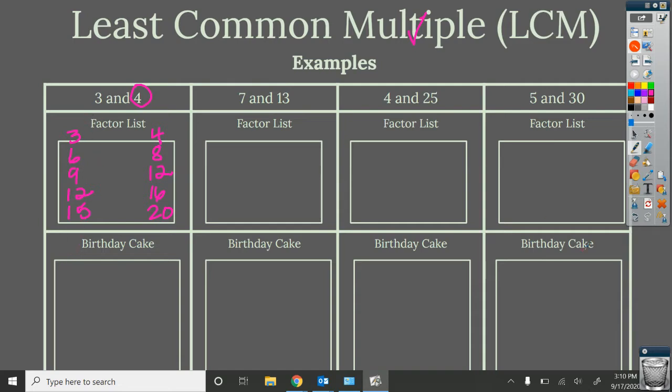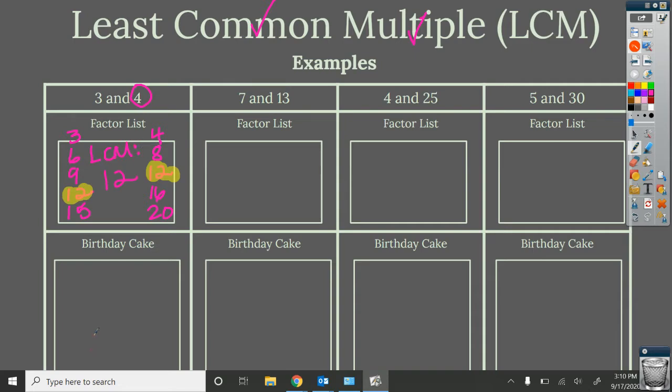So now I'm going to look for multiples that they have in common. And I'm just going to highlight any numbers that they have in common on these 2 lists. And I see no 3, no 6, no 9. Okay, so I've got a 12 on both lists. No 15, no 16, no 20. So I've taken care of common, and because I only have one choice, this has to be my least common multiple.